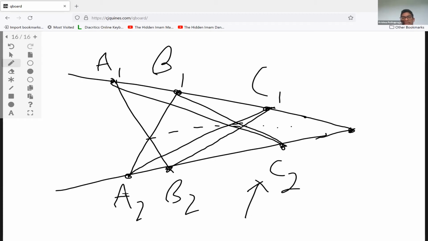So line A1, B2 is also constant. We can say it has degree 0. Same with line A2, B1. And as a result, this first point of intersection has degree 0. The rest two lines have degree C2, right? At max.